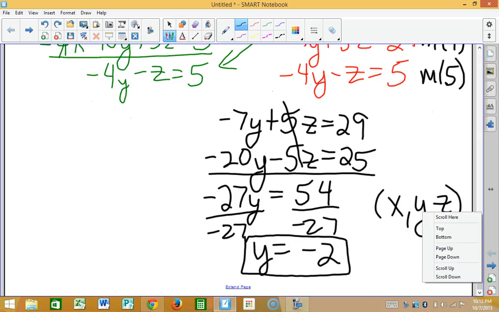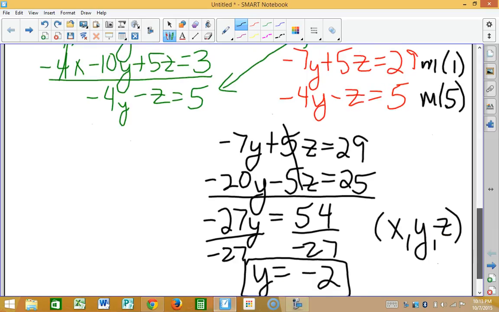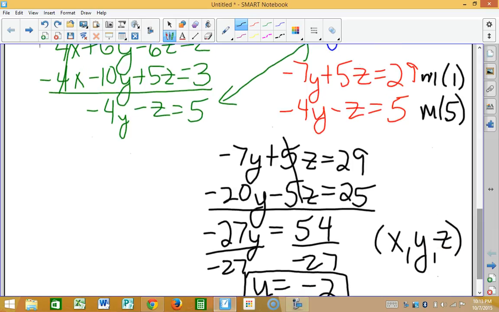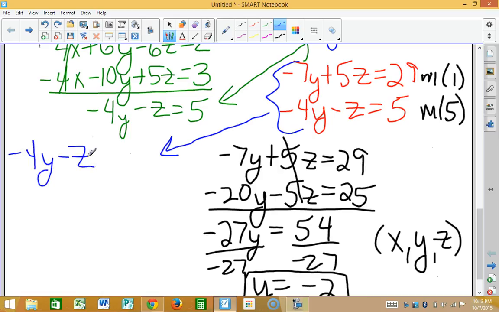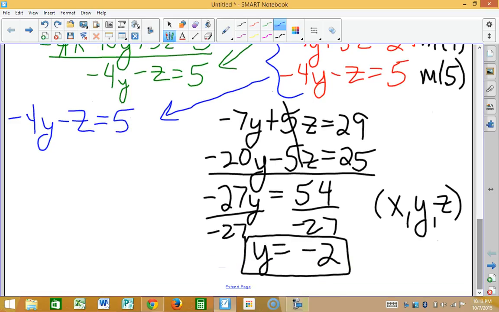So as you can see, if we scroll up here, we have two-variable problems over here. Let's go ahead and take this over here. I can use either of these two. They're both 2-variable equations. It looks like the second one has smaller numbers, so I'm going to take the negative 4y minus z equals 5, and plug y into that.